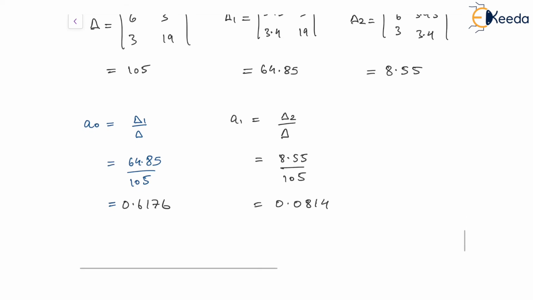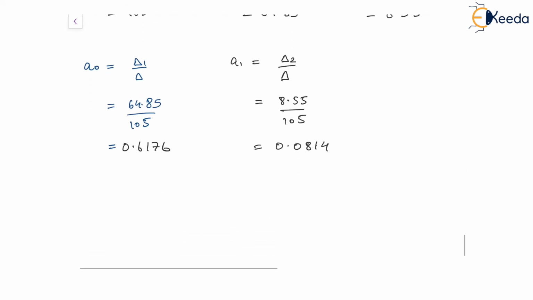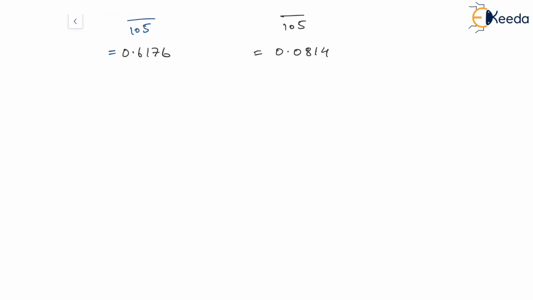Now with these values of a naught and a1, the equation of the straight line in terms of u will be y equal to 0.6176 plus 0.0814 times u.